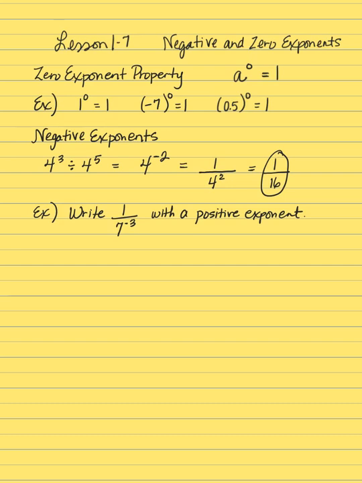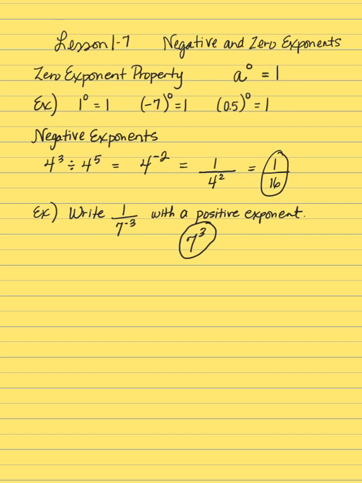Okay, then all you would have to do, remember on the one up above, we said you move it to the bottom of the fraction, it would make it positive. Put a 1 on top as a placeholder. Same thing here. If you have a negative on the bottom of a fraction, you can move it to the top. So it's kind of like you just move it from top to bottom, whichever one you need to make it positive. So in this case, if 7 to the negative 3 is on the bottom, all I do is move it to the top, which when you multiply that by 1, it stays the same. So that would be 7 to the 3rd power.